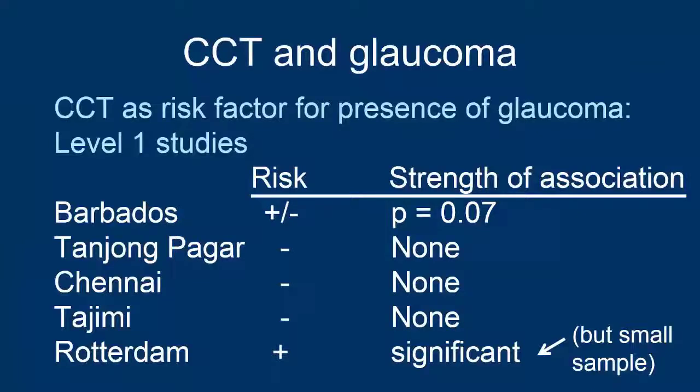A lot of the evidence which really supposedly supports this came from the ocular hypertension study, where they found that patients with a thinner central cornea were more likely to convert to glaucoma from ocular hypertension. However, that study was a sample that had selected patients with higher central corneal thickness who had ocular hypertension as part of their selection.